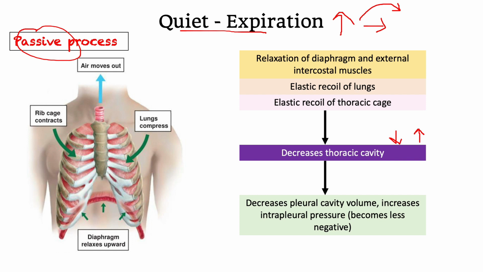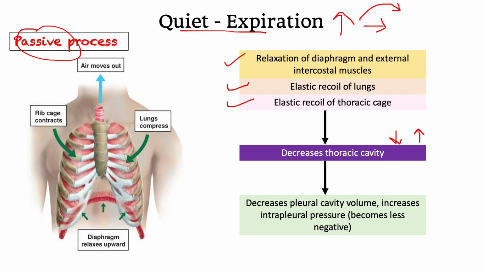The first is the relaxation of the diaphragm and external intercostal muscles, because during inspiration they are contracting and here they need to relax. And then we also have the elastic recoil of the lungs and the elastic recoil of the thoracic cage.